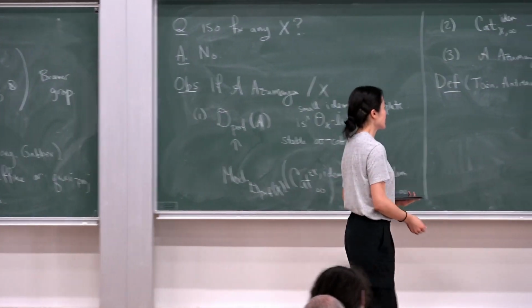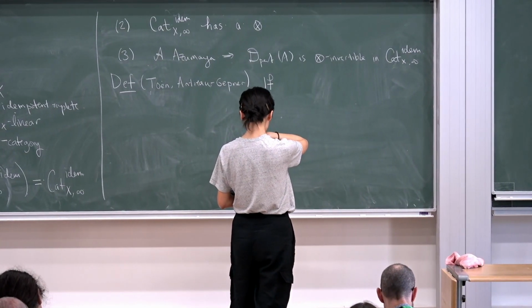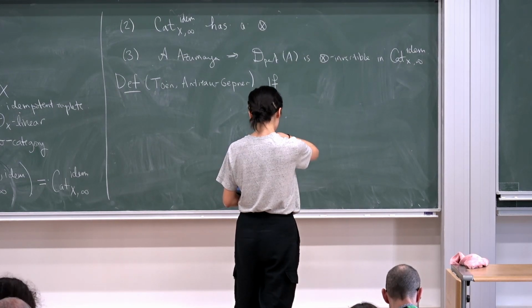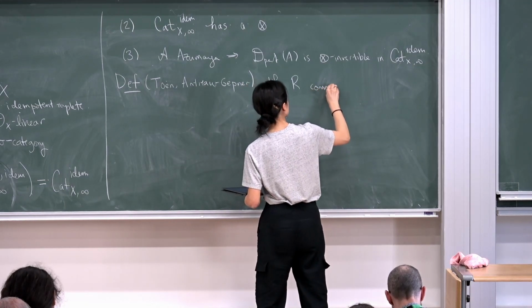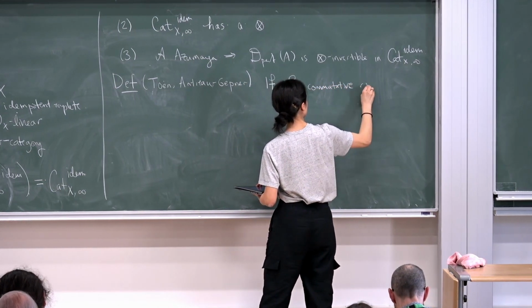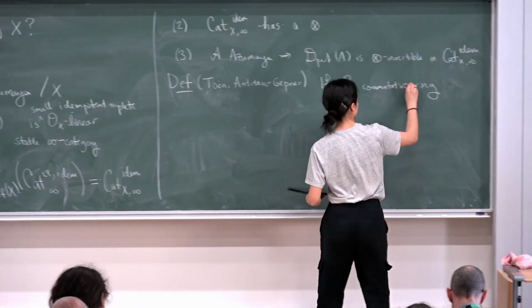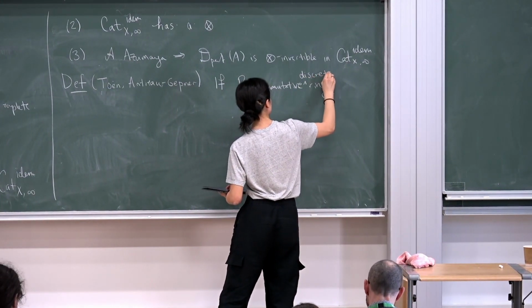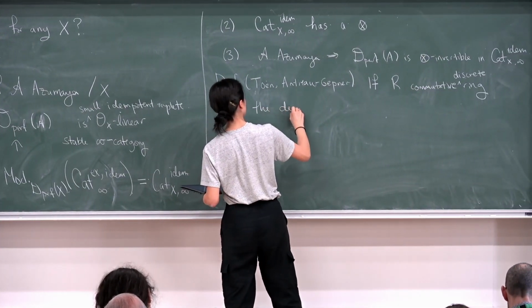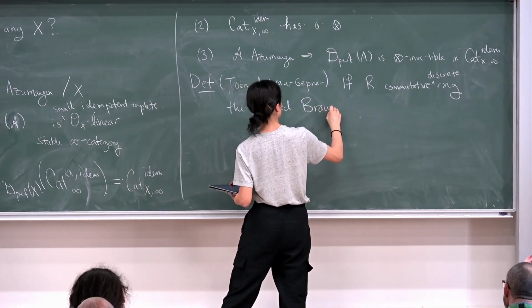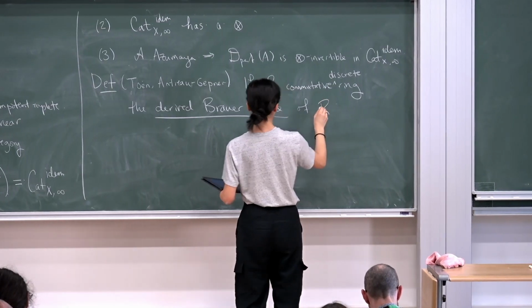Okay, is that if R is a commutative ring, let me say discrete for the moment. Then the derived Brauer space of R, oh, I forgot something.